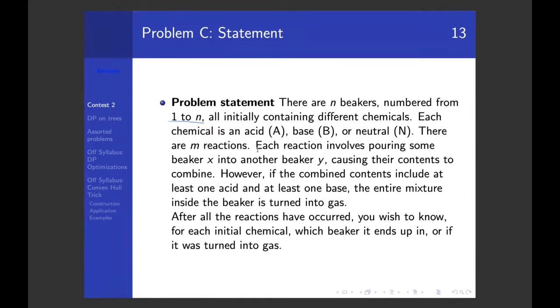If the combined contents include at least one acid and at least one base, the entire mixture turns into gas, and the beaker is now empty. After all the reactions have occurred, you want to know for each initial chemical which final beaker it's in. Like if you pour one into another, then into a third one, the answer is that third beaker. Or if that chemical was turned into gas.